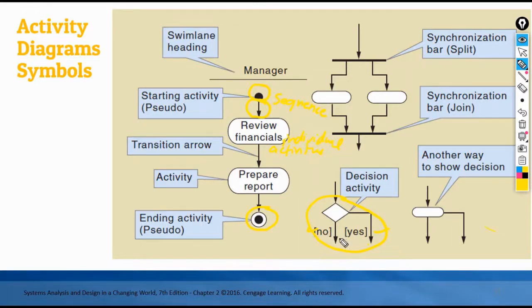And then the heavy solid line is a synchronization bar, which either splits the path into multiple concurrent paths or recombines, or joins, concurrent paths.